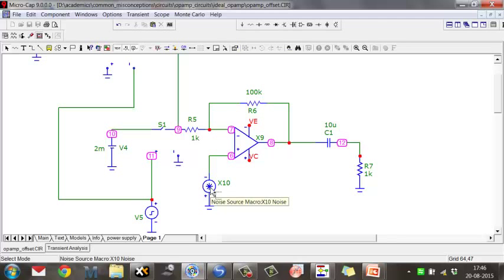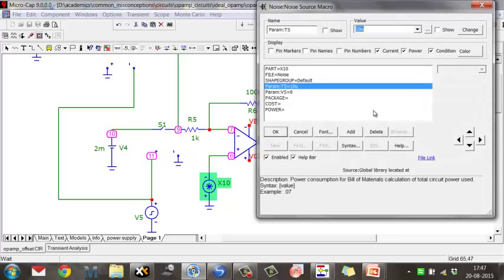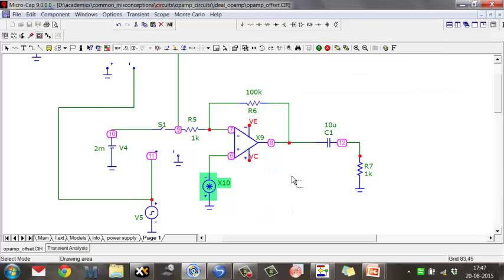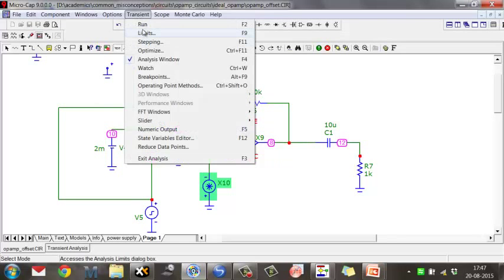All right. So MicroCap allows you to attach a noise source. So let me edit it right now. What it will do is it will add noise, which will change every 10 microseconds. Let me put this amplitude as 1 millivolt here. So let's see what happens if I add noise here. Let's run.